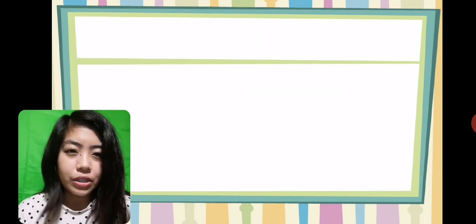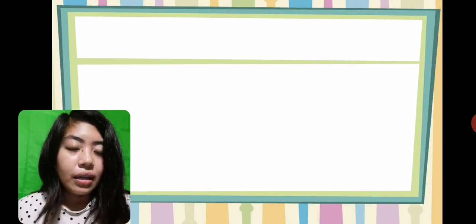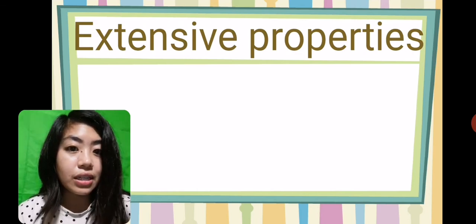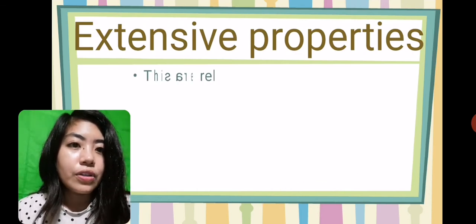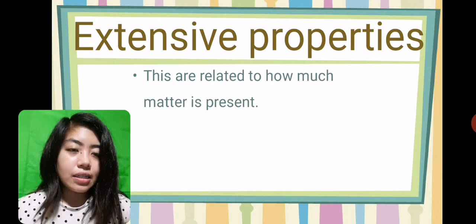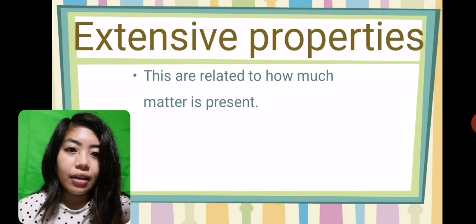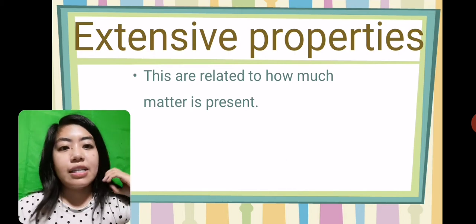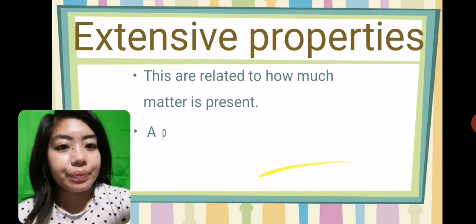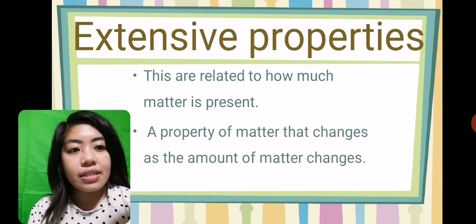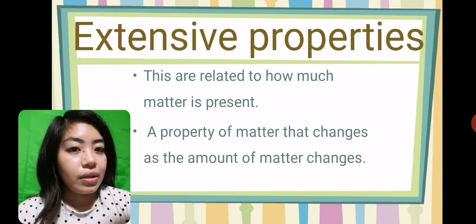So, bago tayo mag-proceed with the chemical properties, dito muna tayo sa lahat ng under ni physical properties. So, extensive properties, this is related to how much matter is present. Kung gaano kadami yung present na matter dun sa isang object. So, property of matter that changes as the amount of matter changes.